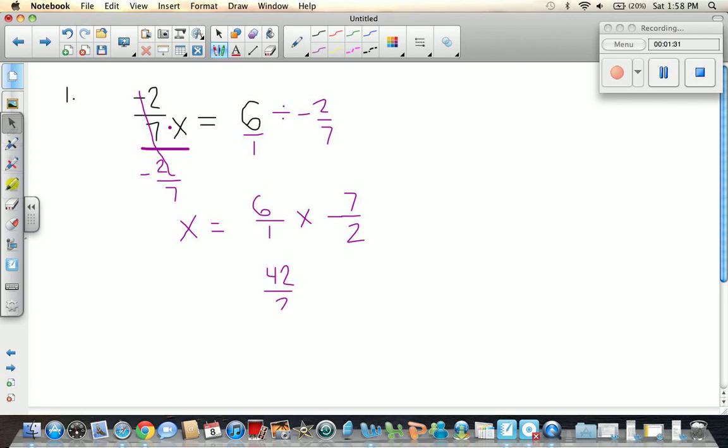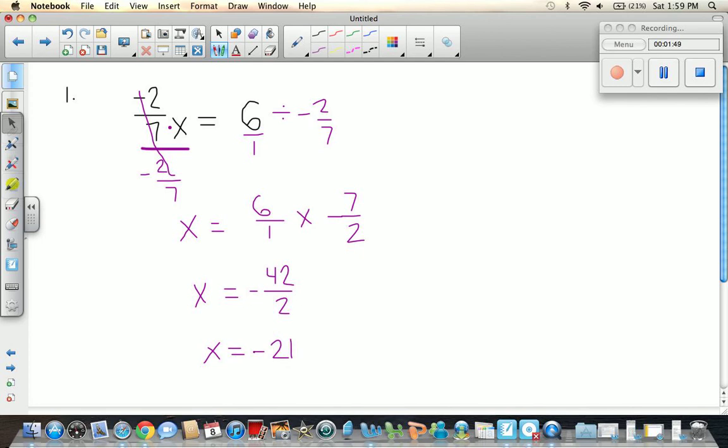And then you multiply 1 by 2 and you get 2. And this was a negative multiplied by a positive, so it's going to be a negative result. And when you take 42 and divide it by 2, you get x equals -21.